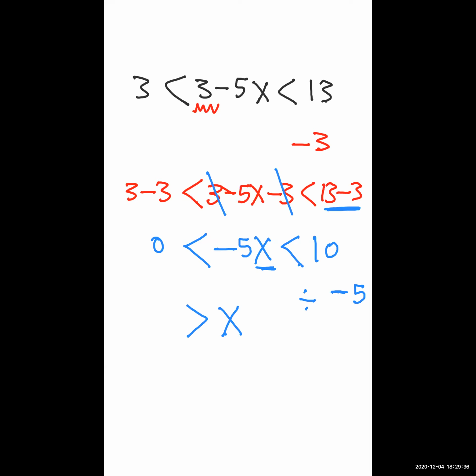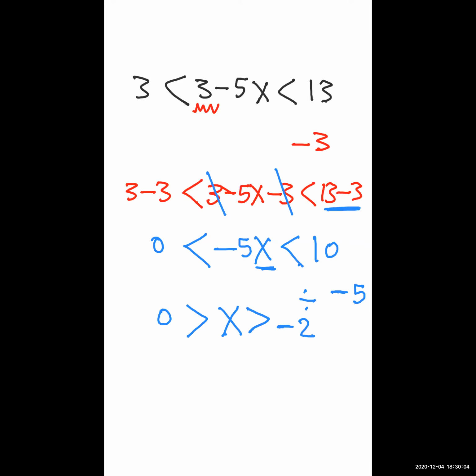Here I will change the symbols like this. So x will be greater than, this one is 10 divided by negative 5, so negative 2, and this one is 0. So x is greater than negative 2 and less than 0.